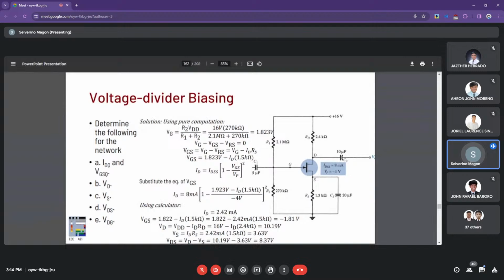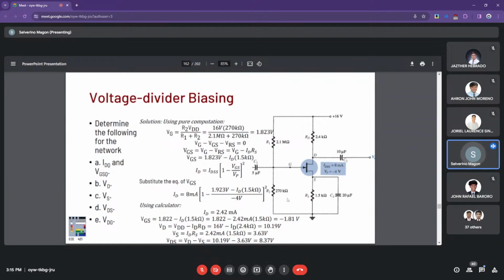All right, so a bit lengthy solution, but here is the explanation. For the input network, we have the voltage divider across R1 and R2. The gate obtains input voltage from across R2. So that is 1.82, based on the voltage divider network right here.